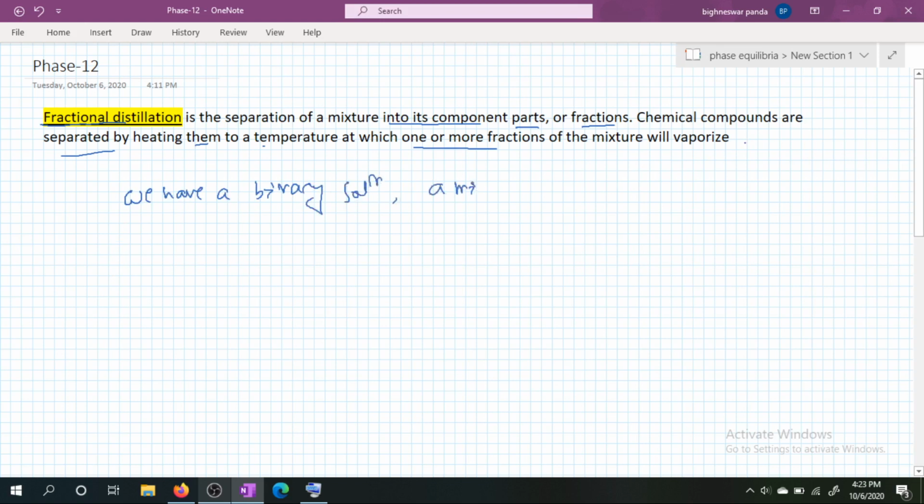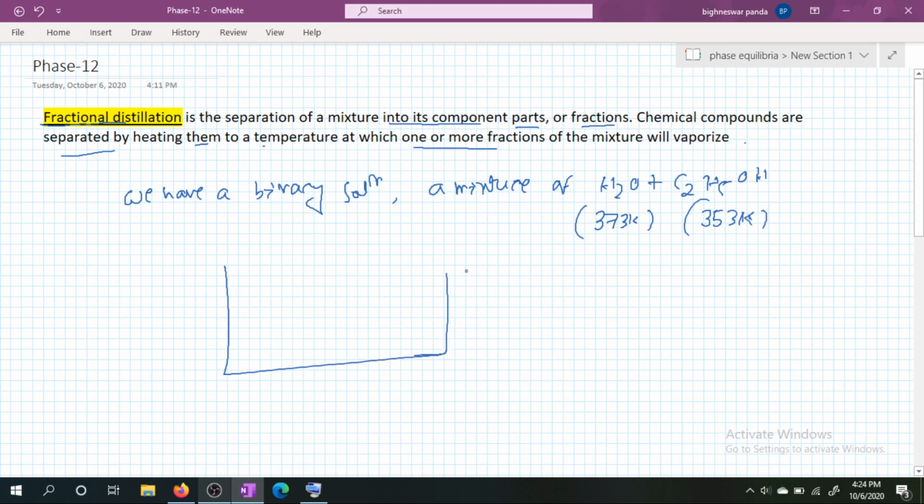Consider a mixture of water and alcohol, and we know water has a boiling point of 373 K, and alcohol has a boiling point of 353 K. So we have taken the mixture here, water plus alcohol, as our liquid phase.